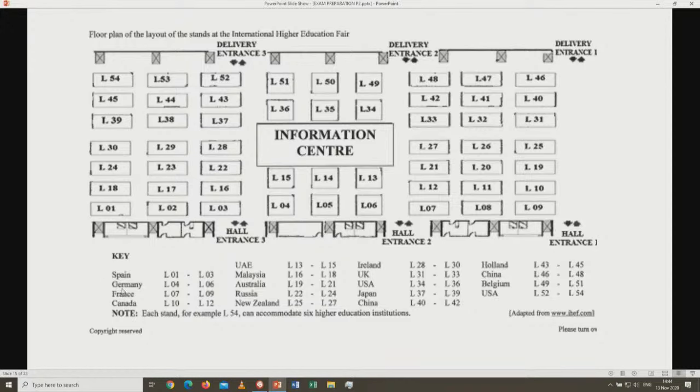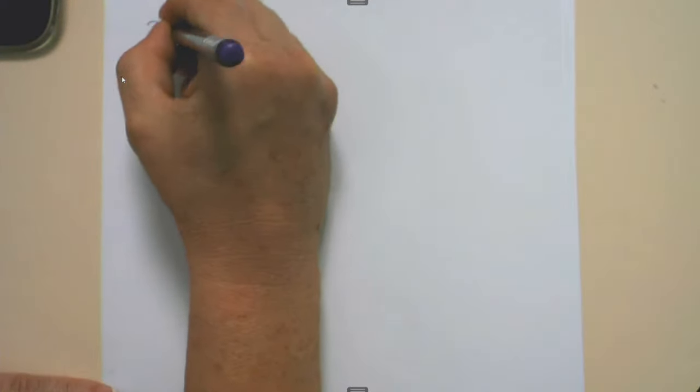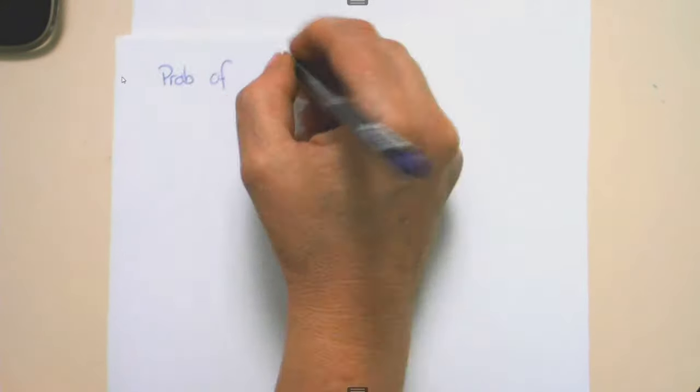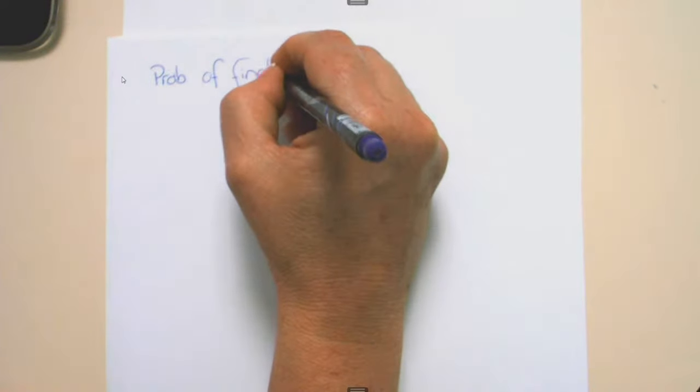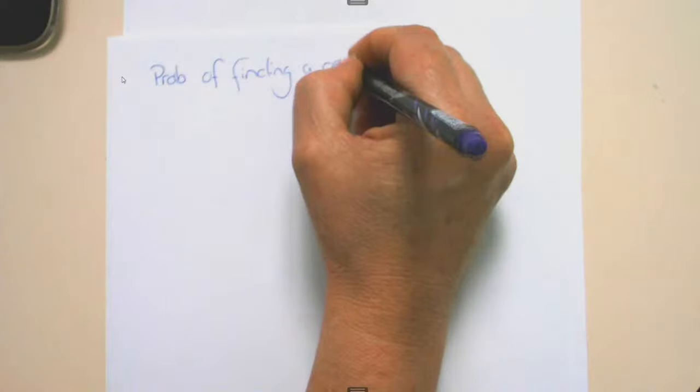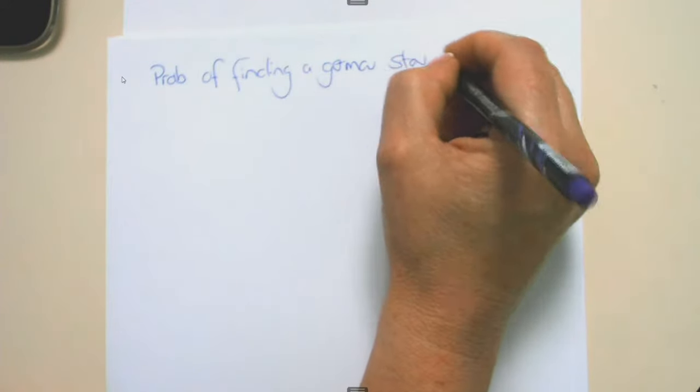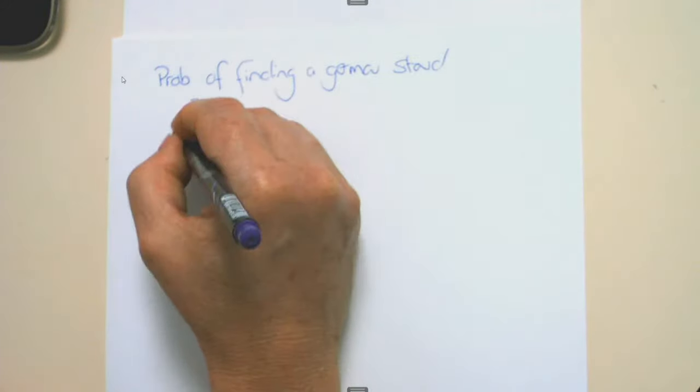So if I then want to determine the probability of finding a German stand, I'm simply going to say 3 can be German over the total, which can be 54. And you saw that it is 3 over 54.